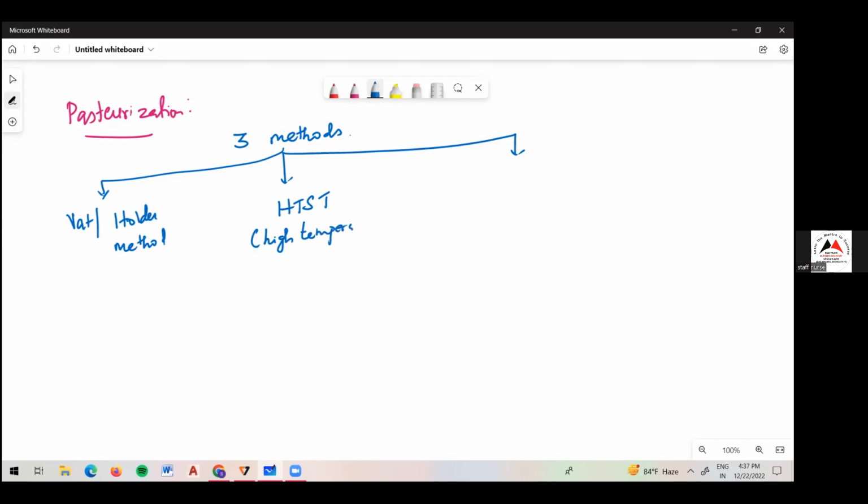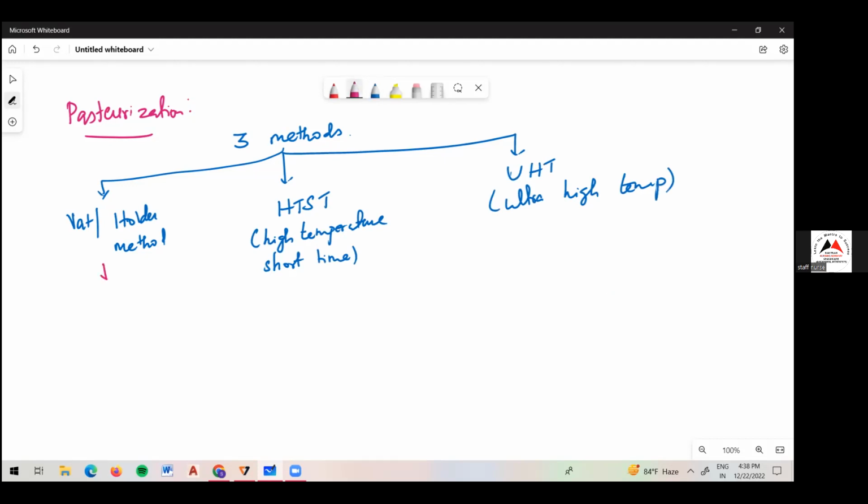What is the HTST method? High temperature and short time method. Number three is called the UHT method, ultra high temperature method.